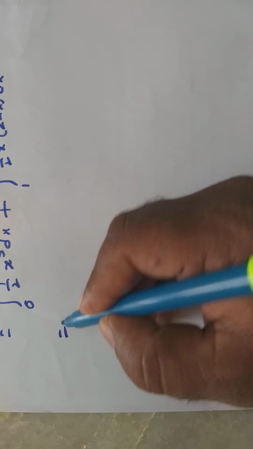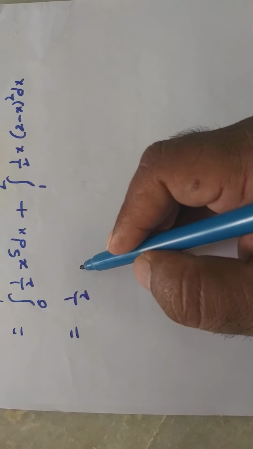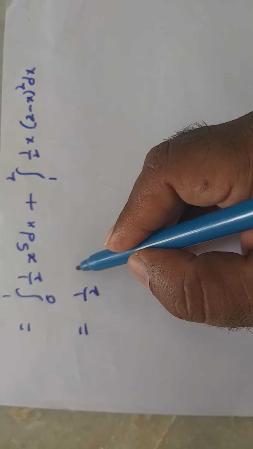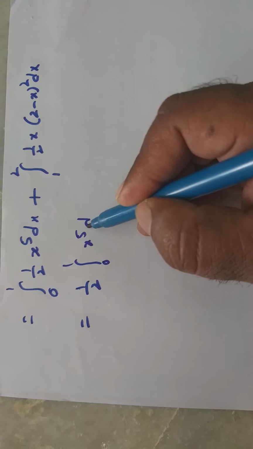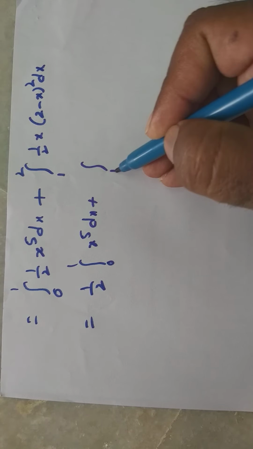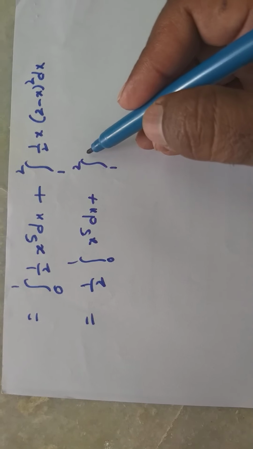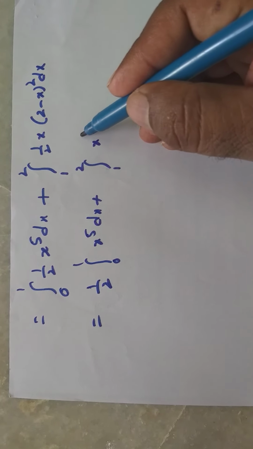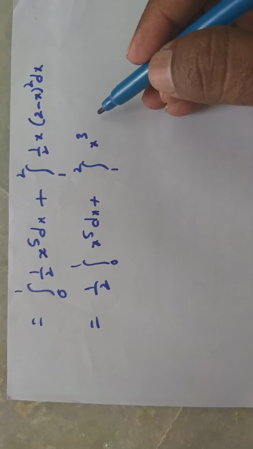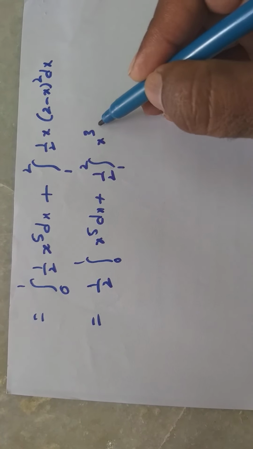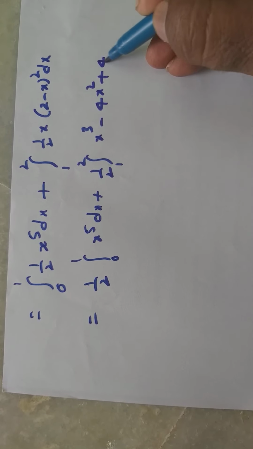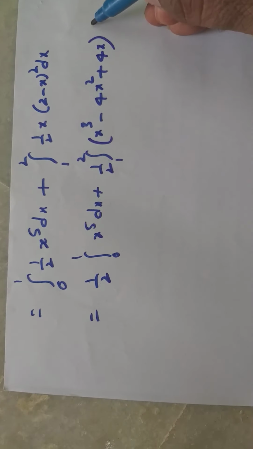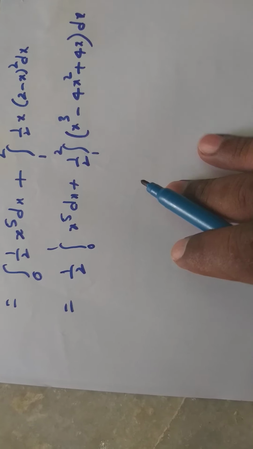After simplifying, we get 1 by 2 times the integral from 0 to 1 of x power 5 dx, plus the integral from 1 to 2 of (x cube minus 4x square plus 4x) dx.